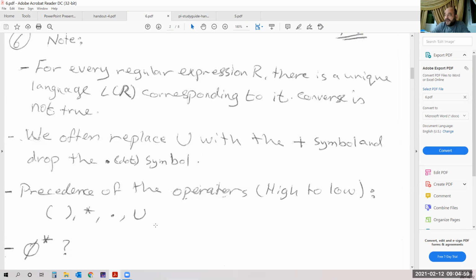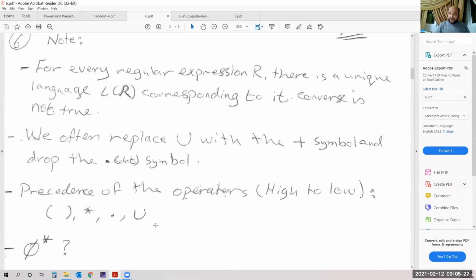Precedence of the operations, from high to low, which is the priority of the operations. As in mathematics, the highest is for the brackets or parentheses, then the star, then the dot, then the union is the least. Same as in mathematics, where we have the parentheses, then the power, then multiplication and division, then addition and subtraction.